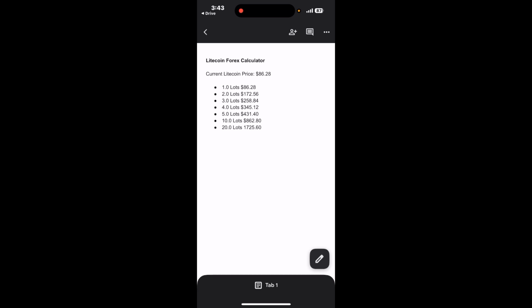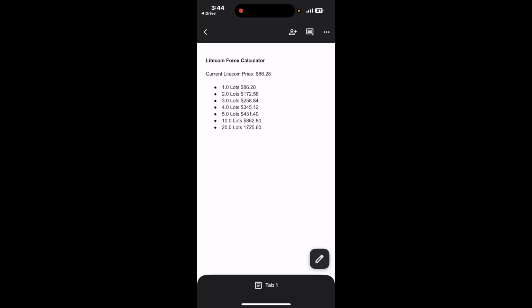You'll know when to use these numbers when you match them with the price of Litecoin. 1.0 lots has to match the price of 1 Litecoin, and 2.0 lots has to match the price of 2 Litecoin. 3.0 lots, a 3x, would match the price of 3 Litecoin. 4.0 would match 4 Litecoin, 5.0 lots would match 5 Litecoin, 10.0 would match 10 Litecoin, and 20.0 would match 20 Litecoin.